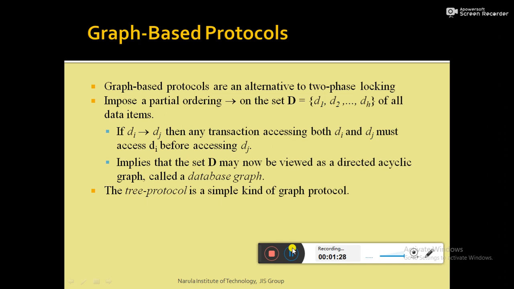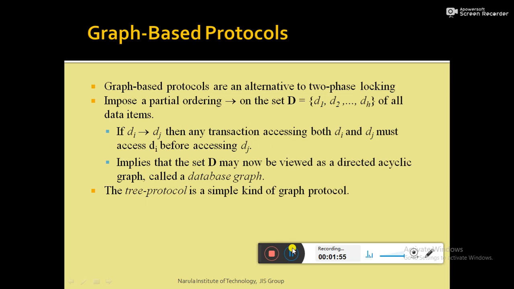In the two-phase locking protocol, any transaction which is going to access a data item first has to lock the data item, and once the work has been done on a particular data item, the lock has to be released by the transaction. And this locking and unlocking of data items by a transaction must happen in two phases.